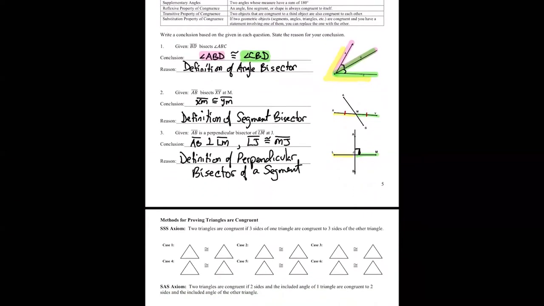We have methods for which we can prove triangles are congruent. All right, there's a bunch. Lots and lots of diagrams here. So it's going to take a couple minutes to mark all these up, but it's definitely worthwhile because it'll cover every possible outcome. Now, I drew generic triangles here.